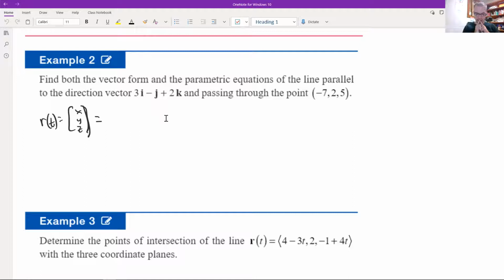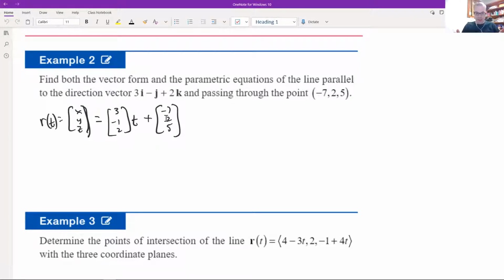And we've got the direction vector 3, -1, and 2, no big deal, plus the starting point of -7, 2, and 5. That's the parametric vector form.